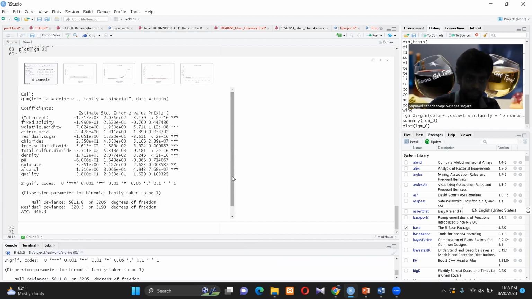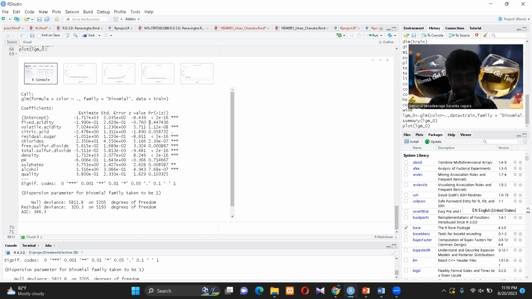All these results must be explained. You can see there are some star marks. Why are there star marks? This evidence is computed with the help of the standard normal, Gaussian distribution. If this is less than 2 times e to the power minus 16, it tends towards the ideal scenario.